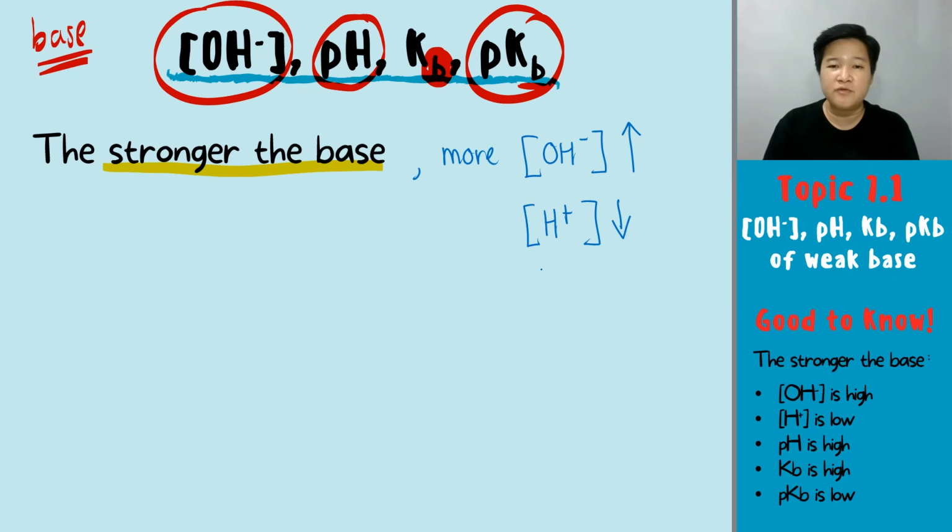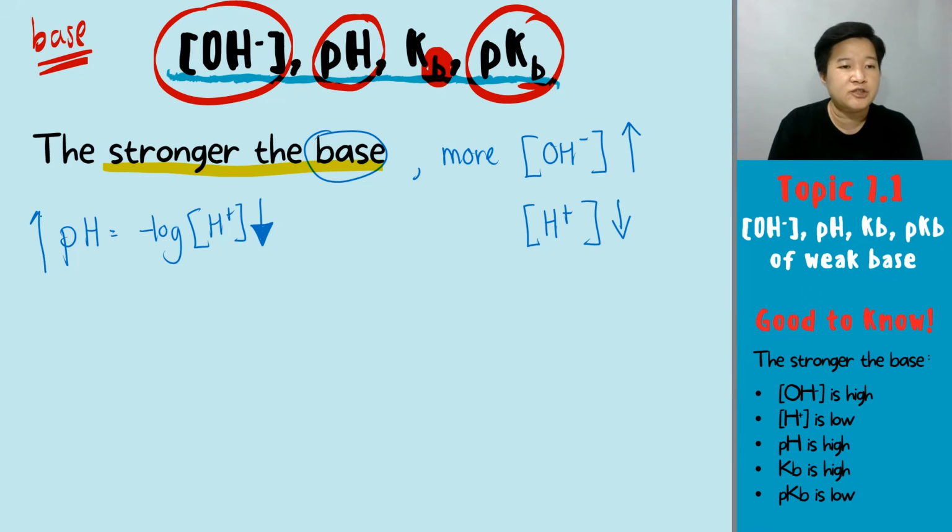When the H plus is very little, bear that in mind, pH equals to negative log concentration of H plus. So right now, the concentration of H plus decreases because it's a base, right? So the concentration of H plus is very low. Therefore, pH will be very high. And that is the reason why your pH will be more than 7 when it's a base.